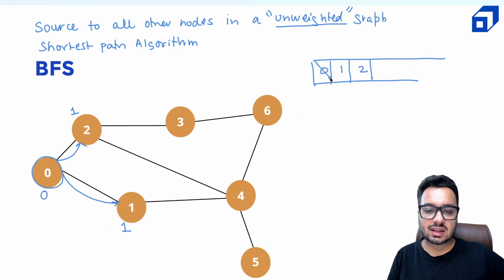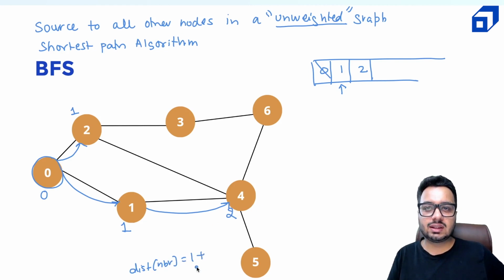Now the next item you will pick is 1 and you will update the neighbors of 1. Neighbors of 1 are, let's say, 4 and 0, and 0 is already visited, so you will not go there. Since I am visiting 4 via 1, this distance must be 2. So the distance of the neighbor is 1 more than the distance of the parent.